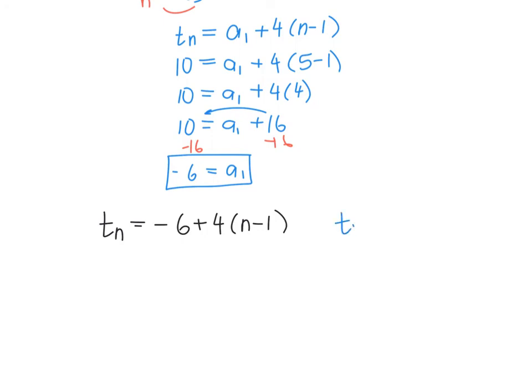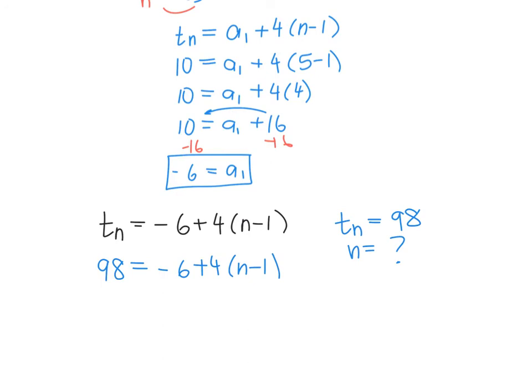So tn equals 98. What is n? So let's find the position number of 98. Now, if we have this, then we can plug 98 into our formula for tn. And once we do that quick substitution, we are just isolating for n.